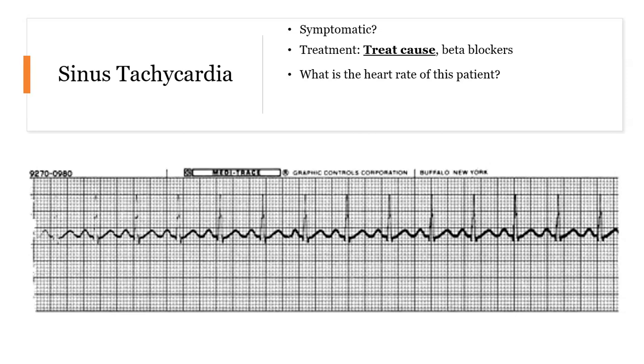Our patient's going to be symptomatic. If we called the doctor and told him, he would probably order some IV metoprolol. We would administer that and monitor this patient's heart rate so that we can keep the sinus rhythm and decrease the heart rate into a sinus rhythm versus a sinus tachycardia.